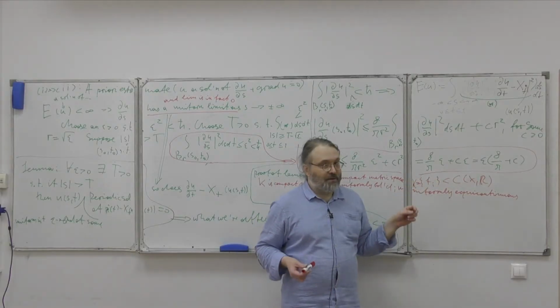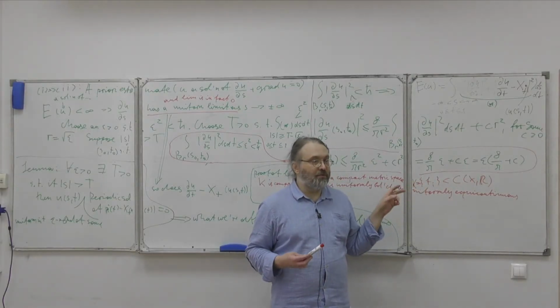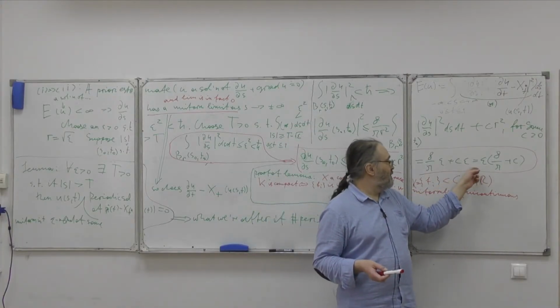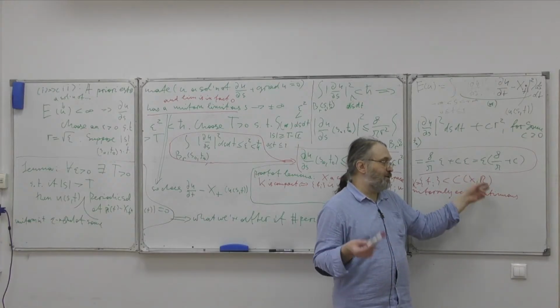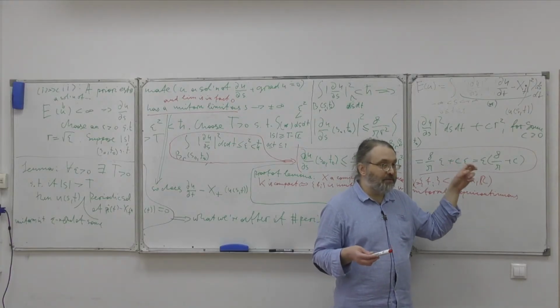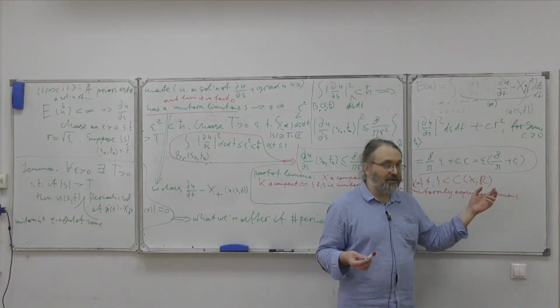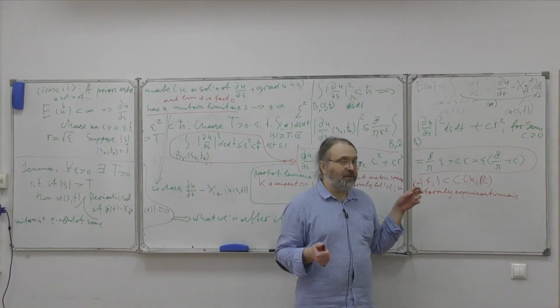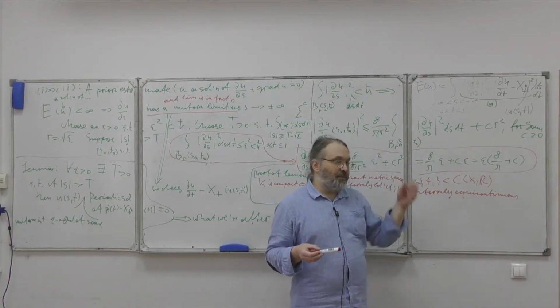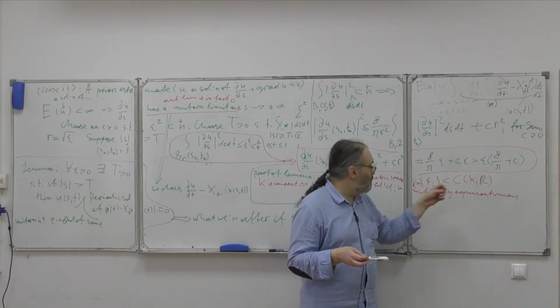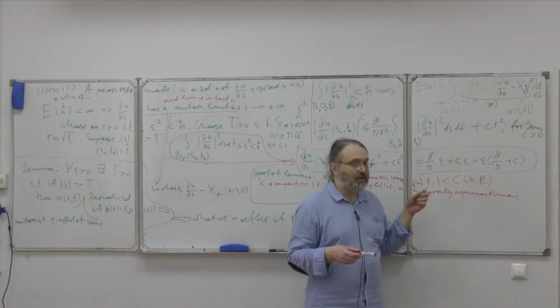And what does uniformly continuous mean? Well, it means that for every epsilon there exists a delta such that if two points in X are delta close, then their images in R are epsilon close. And equicontinuous means the same thing, except that we can choose the same delta which would work for all elements of the family.